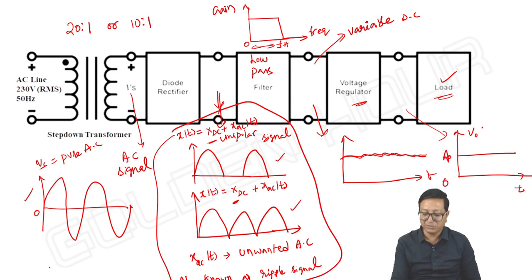It has some amplitude A, I can say. A perfect DC we can achieve. These are the various stages involved in converting an AC signal into a DC signal. The rectifier itself cannot convert AC into DC, and the output of a rectifier is also known as pulsating DC.